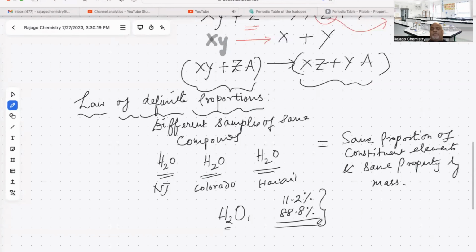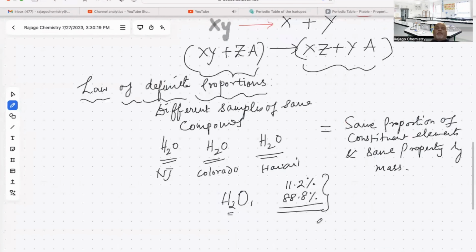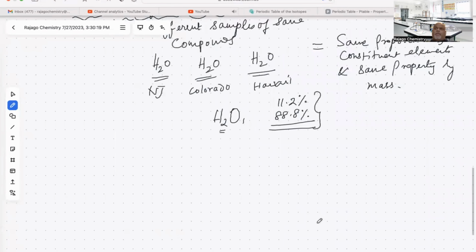Okay, this is a constant, irrespective. So this we must remember. The second one is the law of multiple proportions.